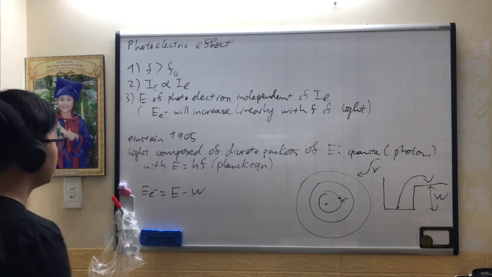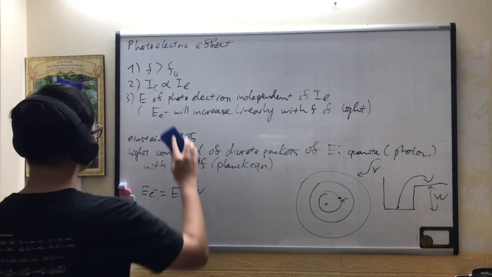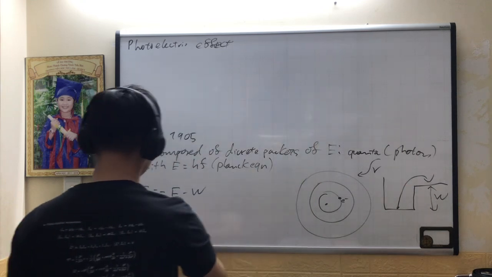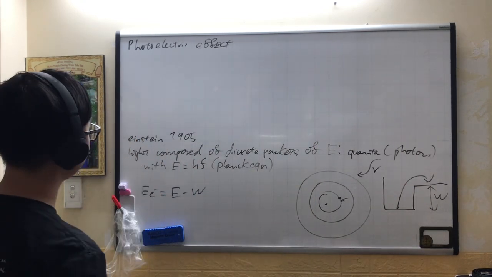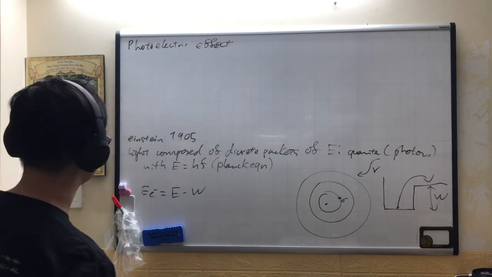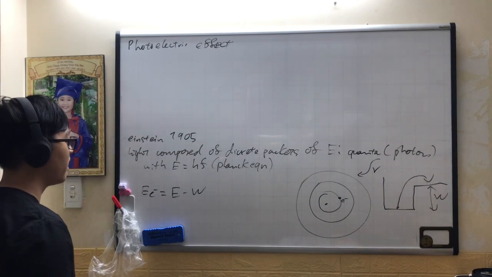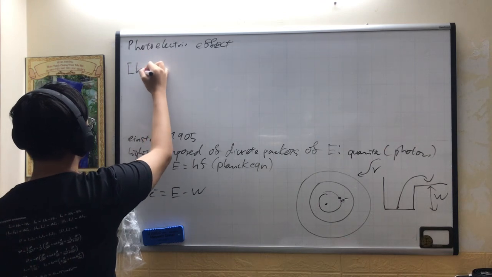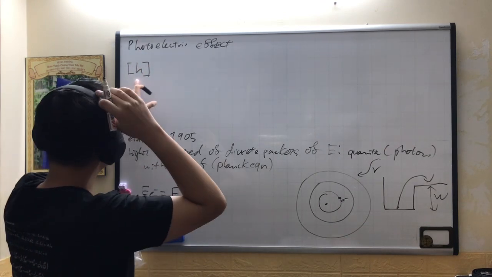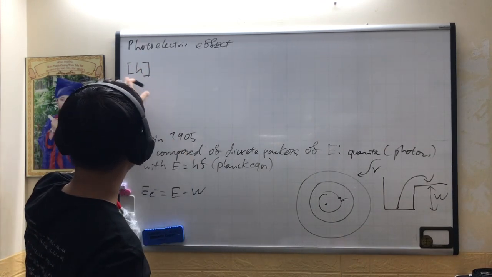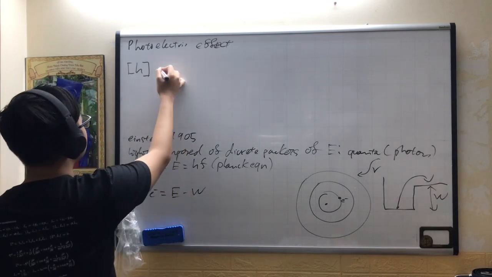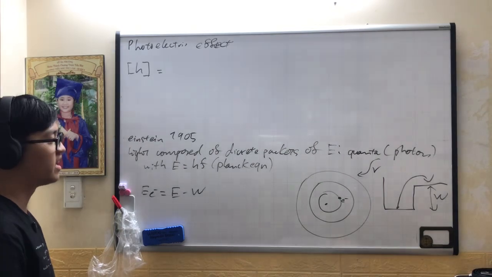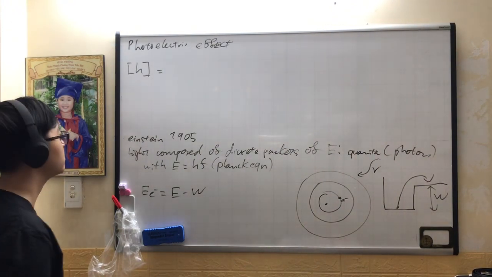Now we're going to talk a bit about h bar. h bar is a very special number. It is called the Planck constant, and the unit of h bar is mass times length squared divided by time.